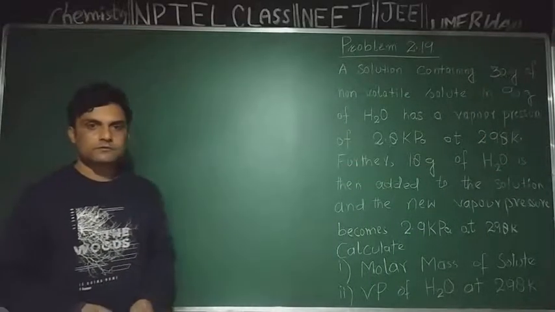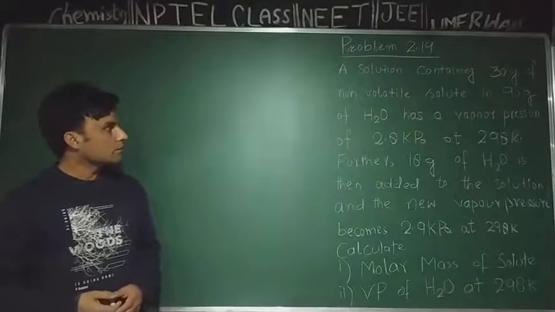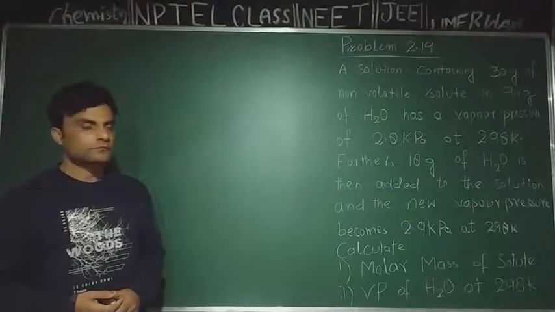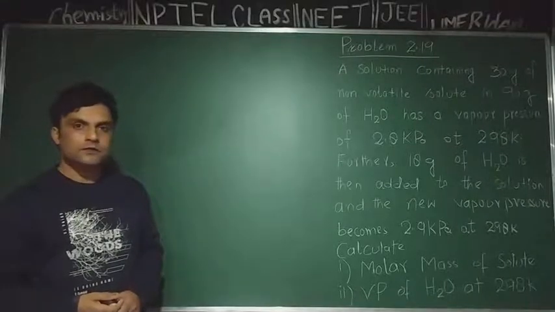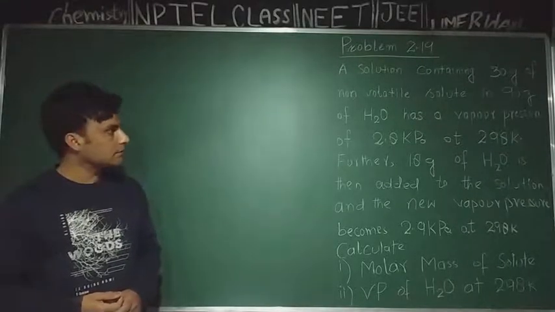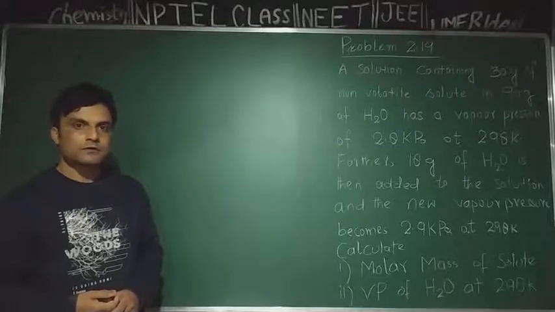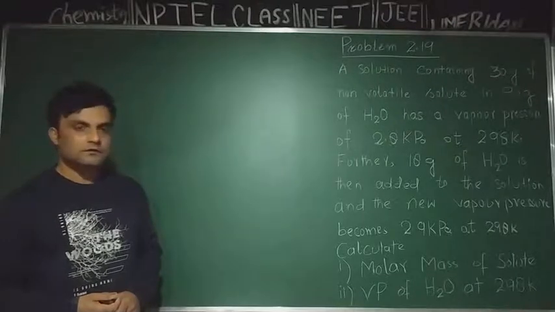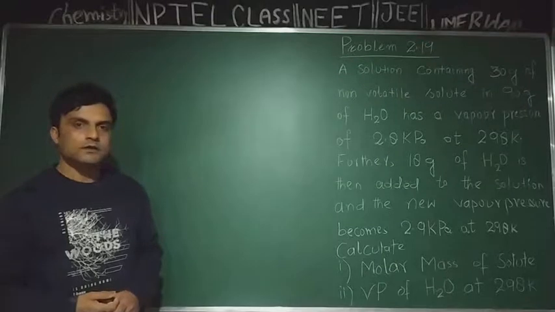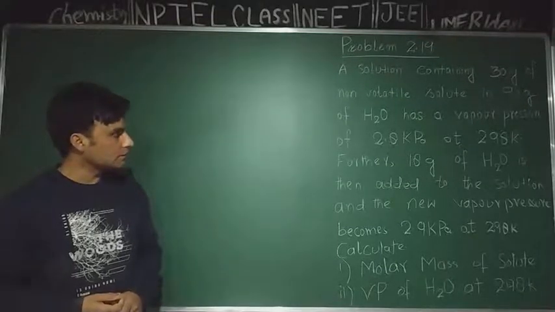So here we have a situation that when the solution contains 30 gram of non-volatile solute in 90 gram of water, vapor pressure of solution that time is 2.8 kilopascals at 298 Kelvin. Obviously it will be lower than vapor pressure of pure water at 298 Kelvin.